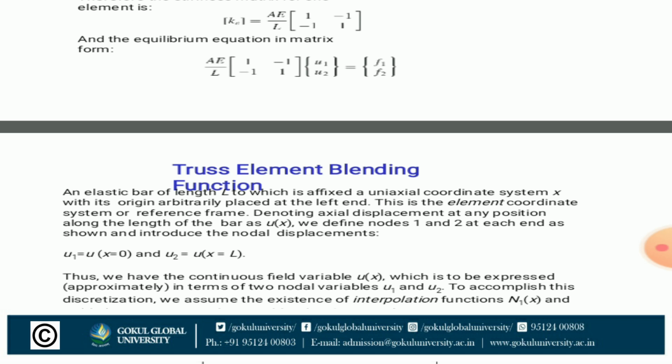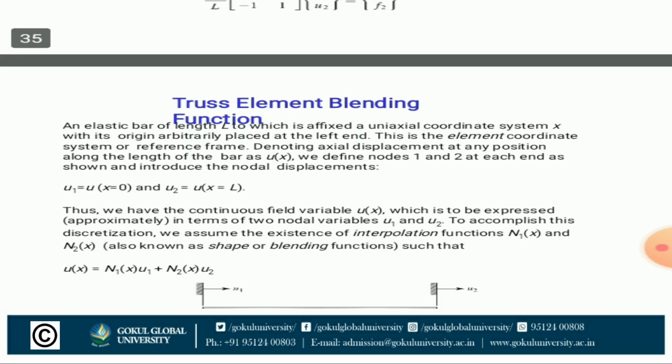So we define the two nodes 1 and 2 at each end of the bar shown, and introduce the nodal displacements u1 equal to u at x equal to 0 and u2 at x equal to L, or we can say at the final point. So here, by using the shape functions, we can calculate N1 and N2. These are the two nodes and N1 and N2 are represented over here.